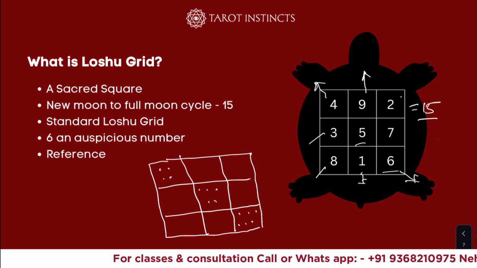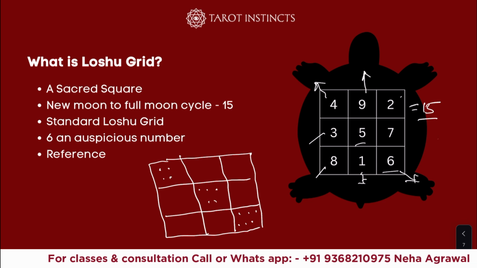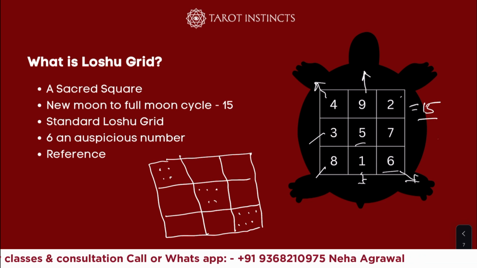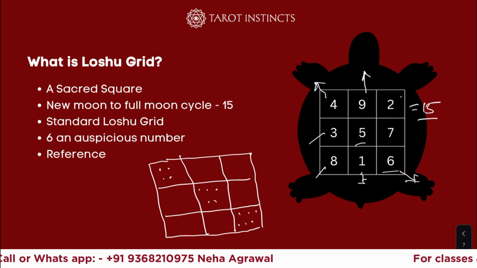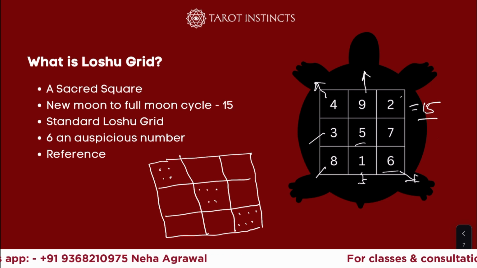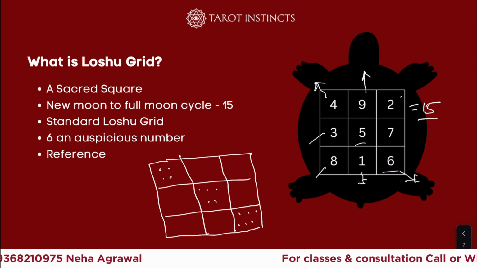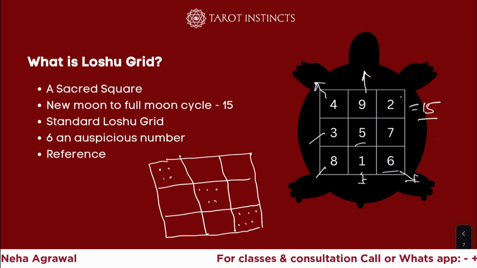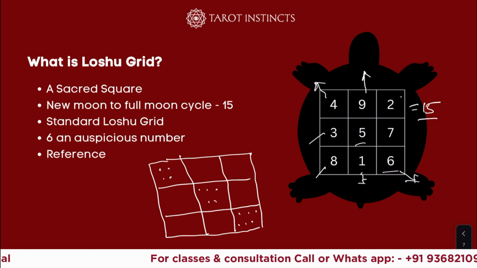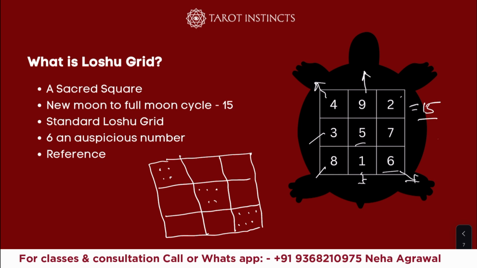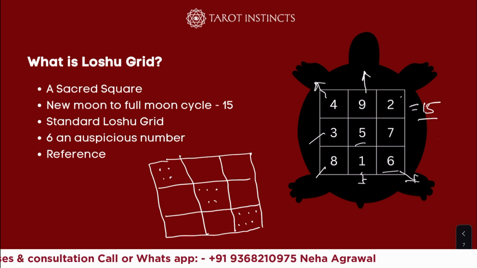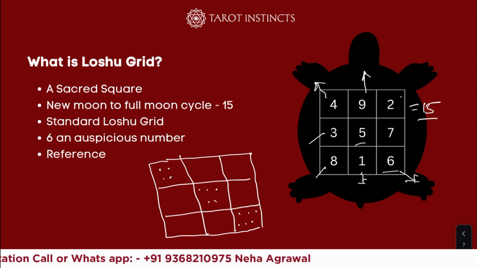The cycle of the moon changes in 15 days. So this number was very important and lucky. The Chinese consider it very lucky also. Even the whole universe considers it a very nice number, because everything falls under 15 days only. The menstruation cycle of a woman changes within 15 days.